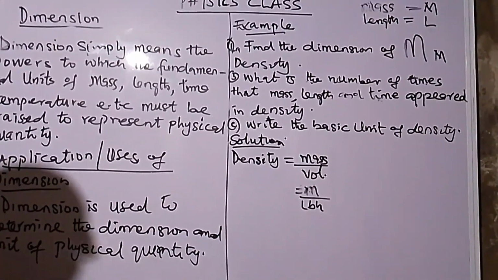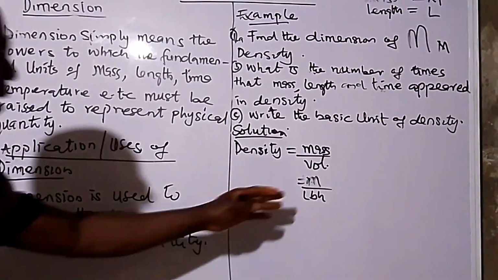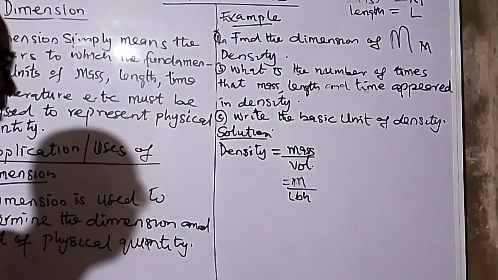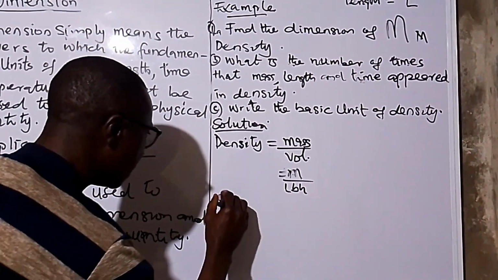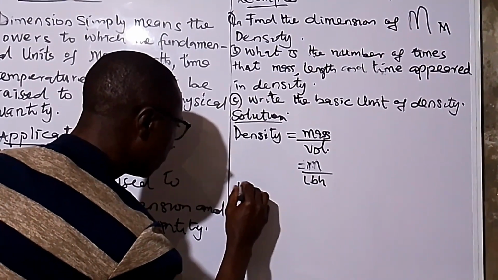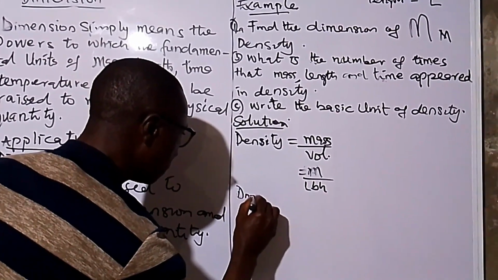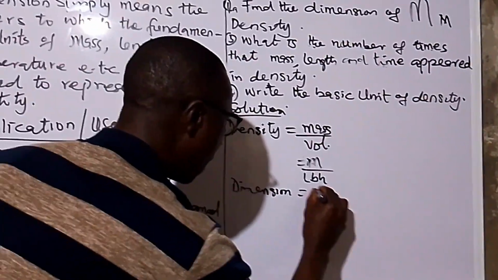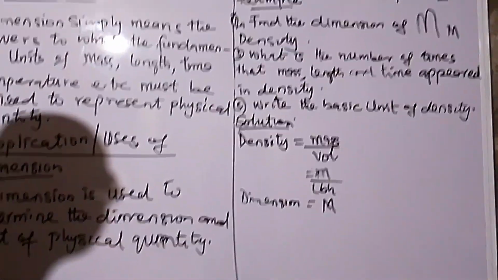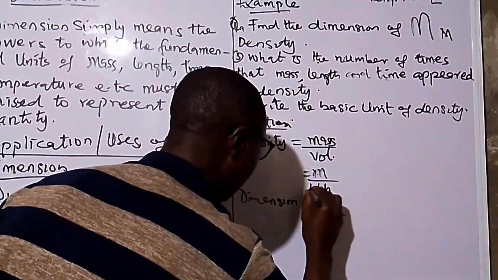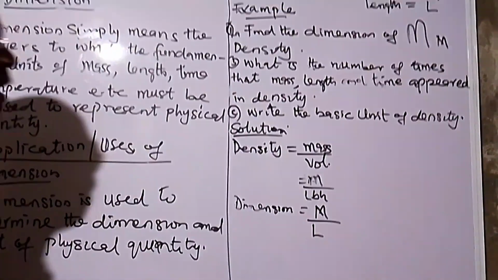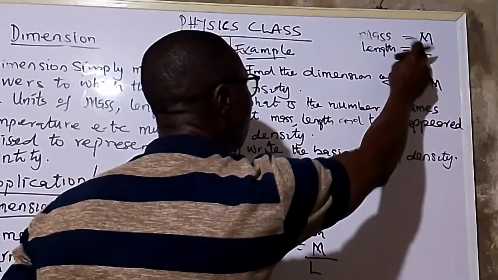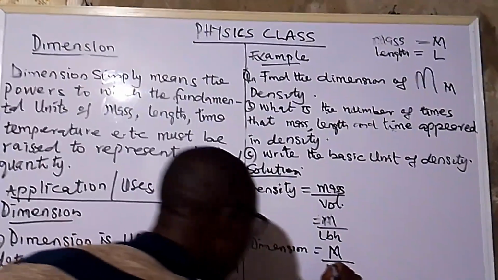Now, since the fundamental quantities that dominate here are mass and length, the dimension of density will now be capital M for mass over capital L for length. The same breadth will be equal to length, so that will be L again.